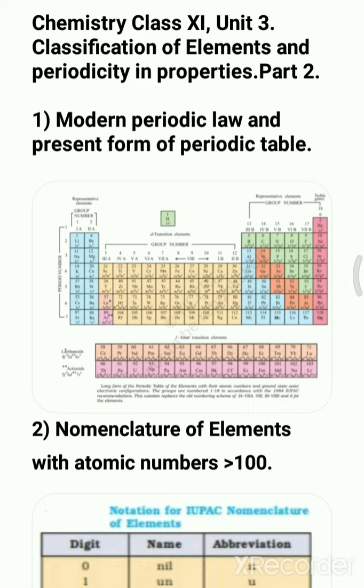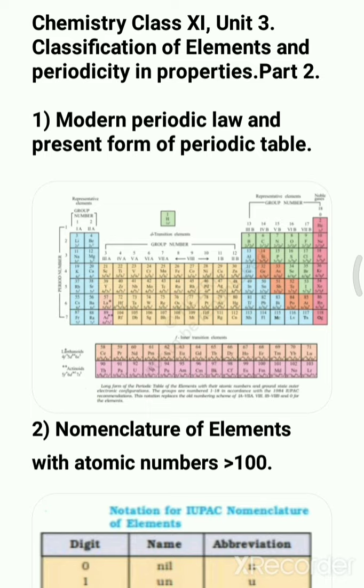In the previous video we studied why elements are to be classified and how the periodic classification existed, and what laws are applicable to it. There is Dobereiner's triads, that is the law of triads, and one more law, the law of octaves, given by John Alexander Newlands.